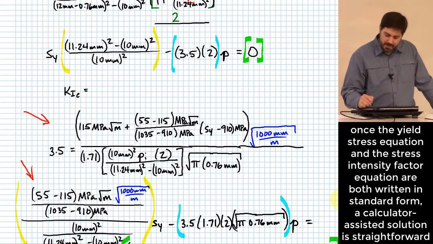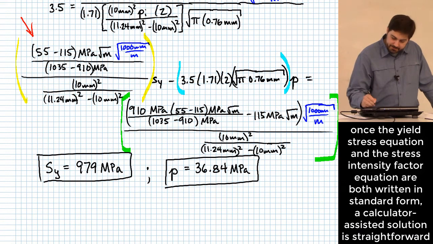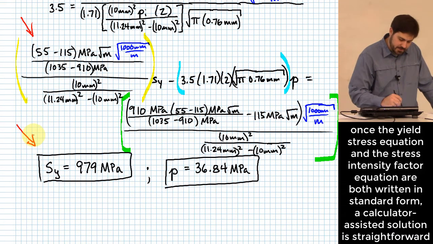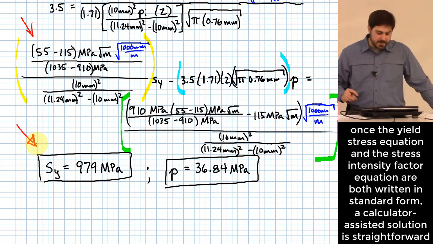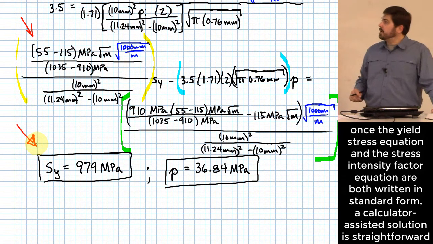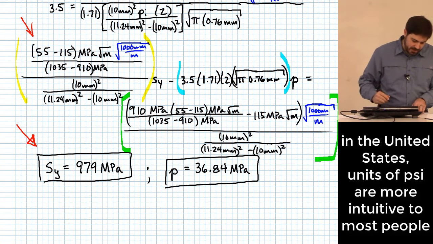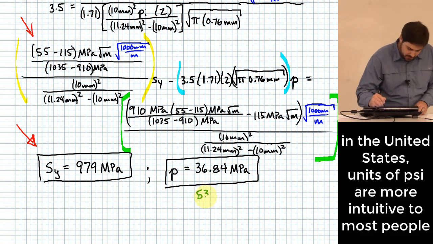Even though it's a little bit messy, all that stuff is doable, and what comes out of it are these results. Your S sub y ends up being 979 MPa. P ends up being 36.84 MPa. And again, you might be interested to know how many PSI that is. That's 5,343 PSI.